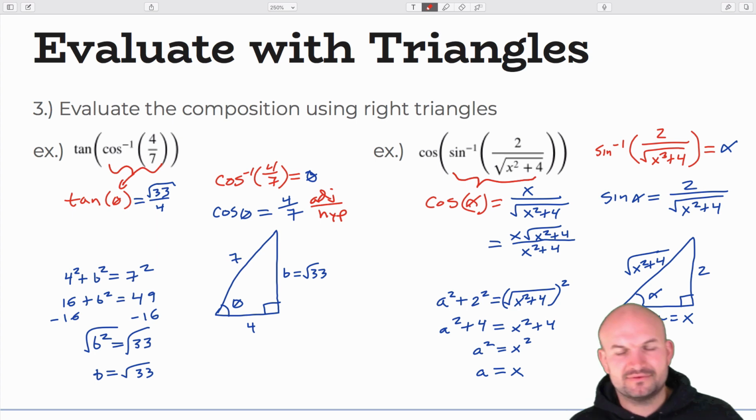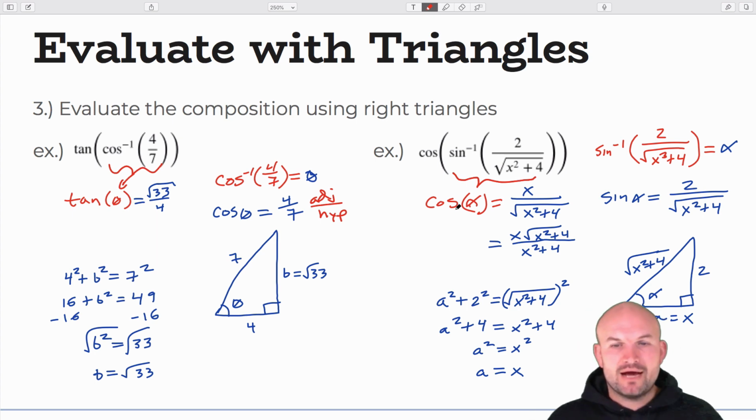So my a is equal to x. So now I'm just trying to figure out what the cosine is, which is x over square root of x squared plus 4. And then if you rationalize the denominator, basically multiply by the square root of x squared plus 4 on the top and bottom, you get x times the square root of x squared plus 4, over x squared plus 4.